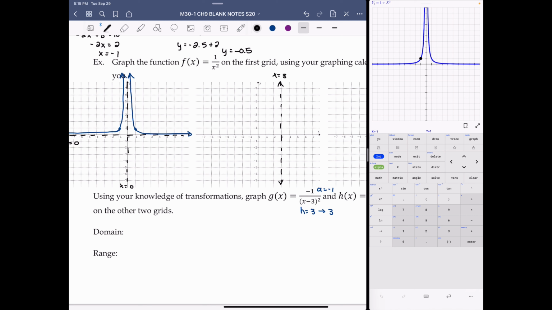Horizontal asymptote hasn't moved. It's at y equals 0. We're still going to have our point that was at 1, 1. It's just going to be reflected. So it would be reflected to be here at x equals 1, y equals -1, and then it's going to be shifted 3 to the right, so 1, 2, 3.